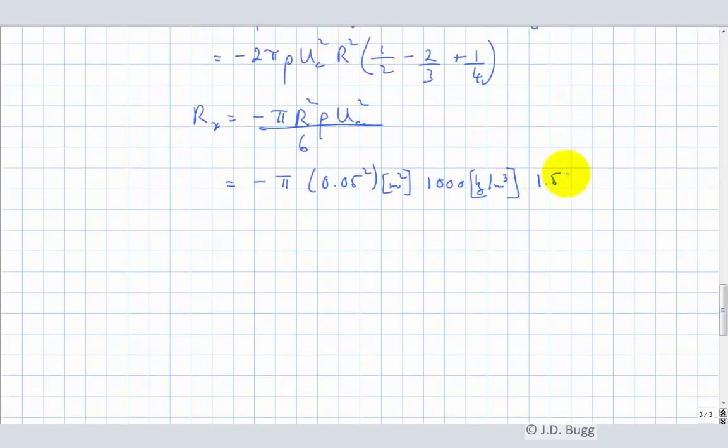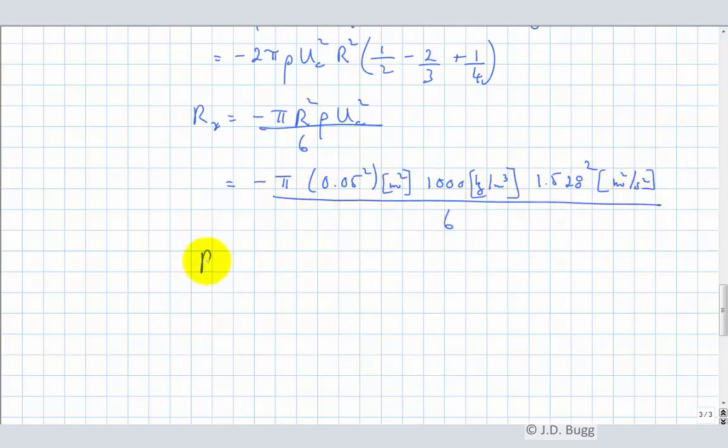So 1.528 squared, that will be meters squared per second squared, divided by 6. So that reaction works out to minus 3.06 newtons. So that's the reaction force.